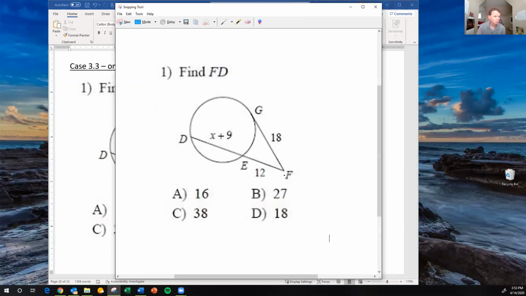So again, we're looking at this point right here. On one hand, this side's not too bad. We're going to multiply 12 times that whole length. I'm going to transfer this over to the whiteboard so I can show you. Just a second. In fact, let me do that right now.